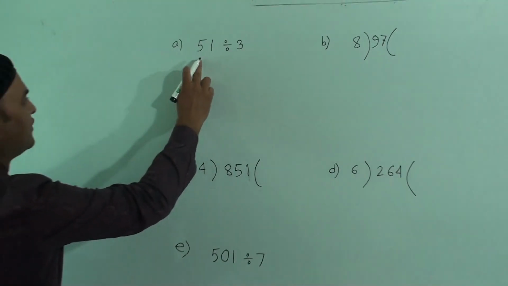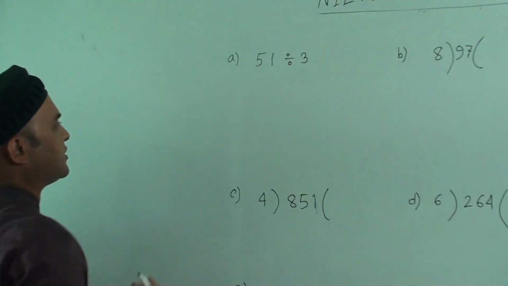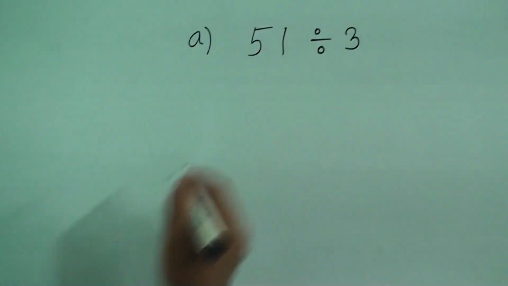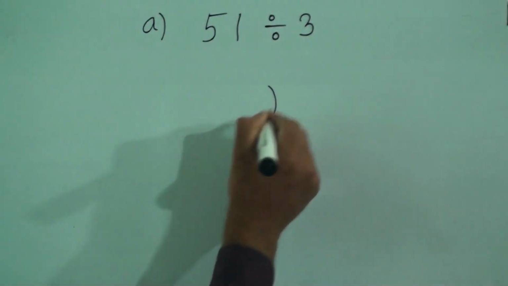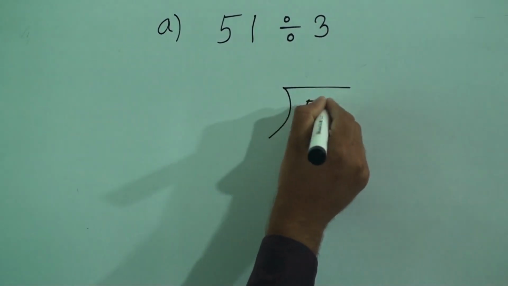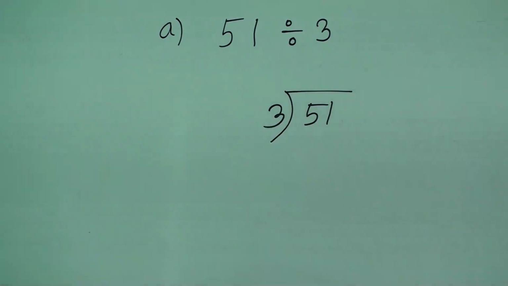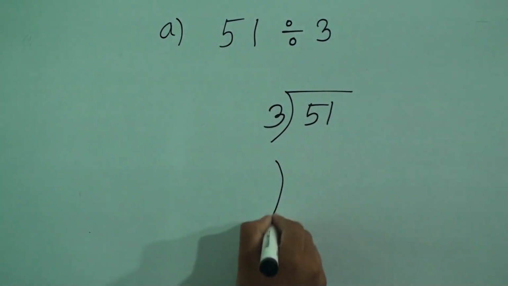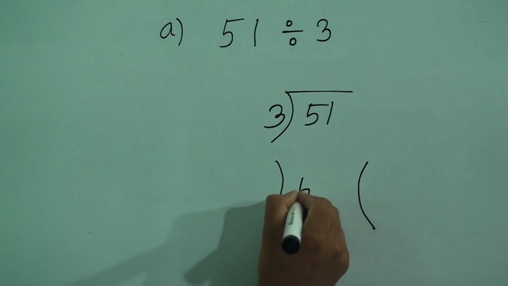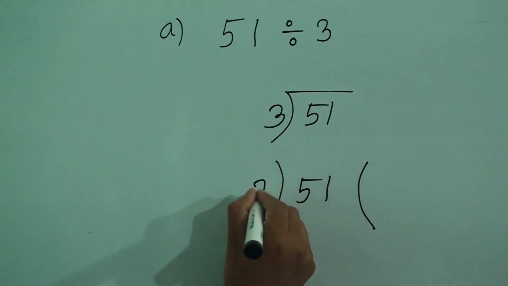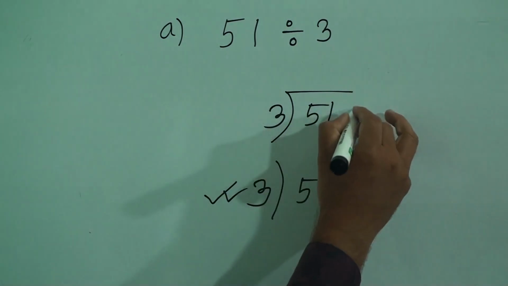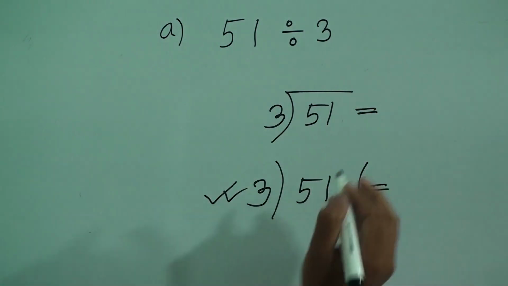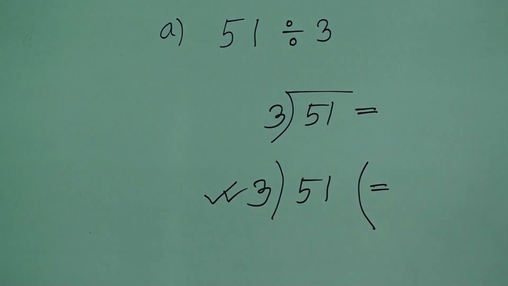Now first one, 51 divide 3. In the last class we learned this way, but today we will learn this way: 51 divide 3. This way and this way are both the same and correct.